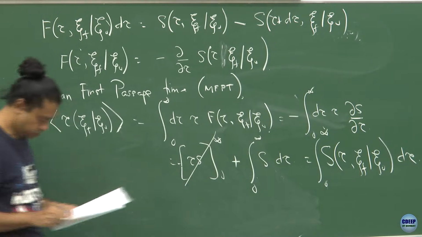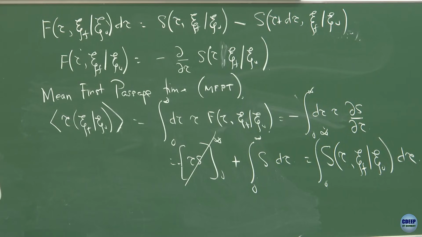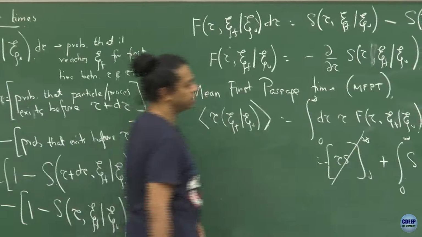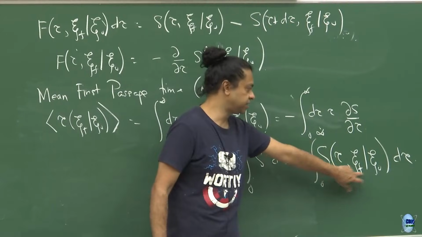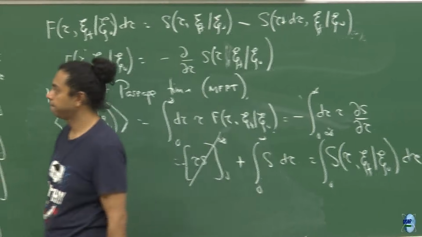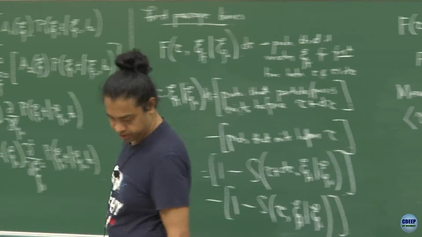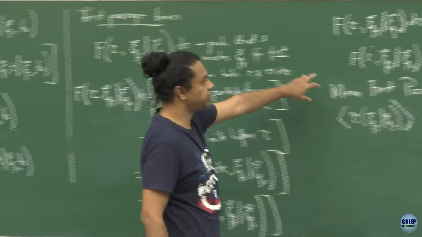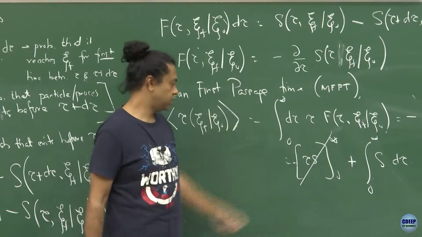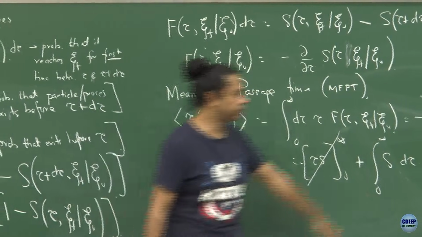Okay. So one way of expressing the mean first passage time is simply as this integration of the survival probability. So two things then: the distribution is the negative derivative of the survival, and the mean time is the integral of the survival probability.